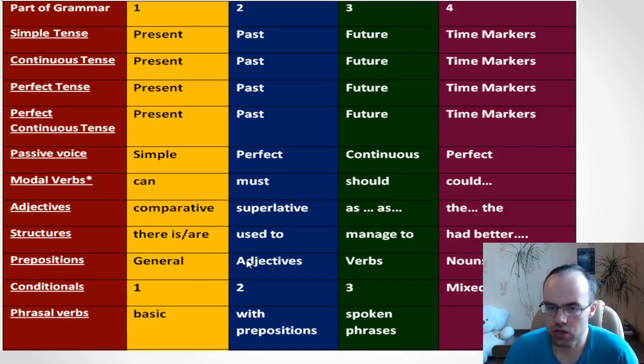You also need to know prepositional phrases with adjectives, like interested in, afraid of, with verbs like react to, happen to, differ from, with nouns like reason for. So not only the first meaning.